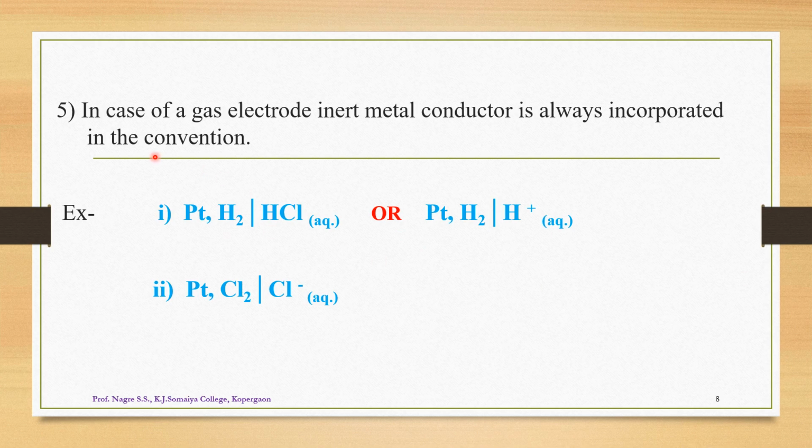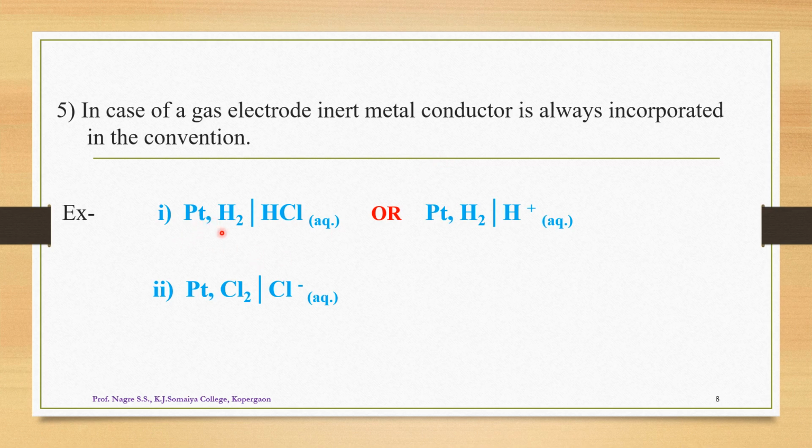The next important convention is convention number 5. In case of a gas electrode, an inert metal conductor is always incorporated in the convention. At some instances, we can use a particular gas electrode. So whenever we use the gas electrode, in order to show it, we use an inert metal conductor. Let us see a simple example.